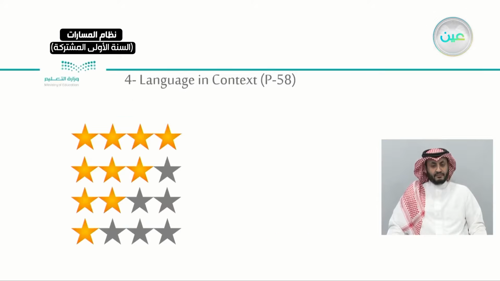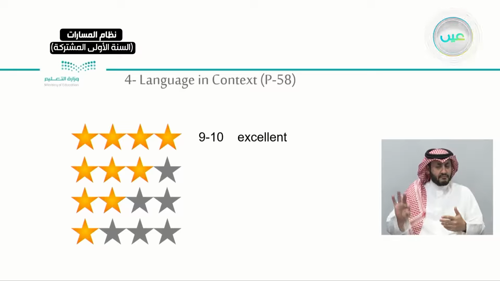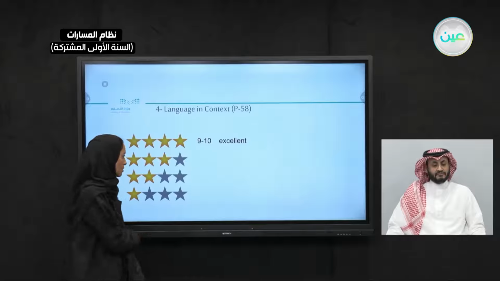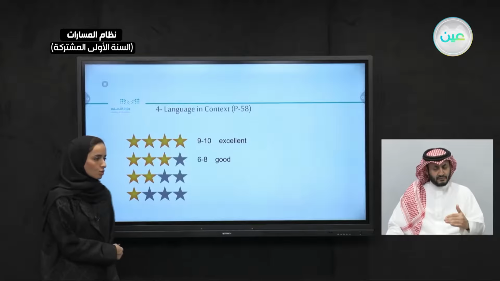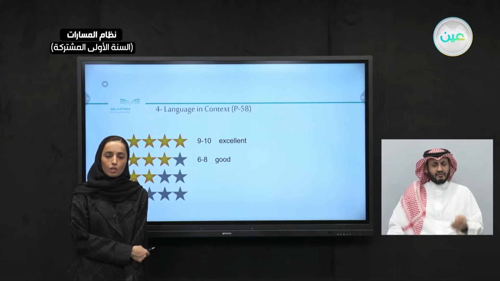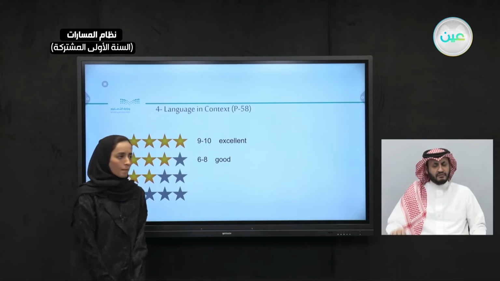Just go over your answers. How many answers have you come up with and they were right? If you have 9 to 10 answers right, you will say, I have good information or general knowledge. However, if you have 8 to 6 right, so 2 to 4 mistakes, you have good knowledge.